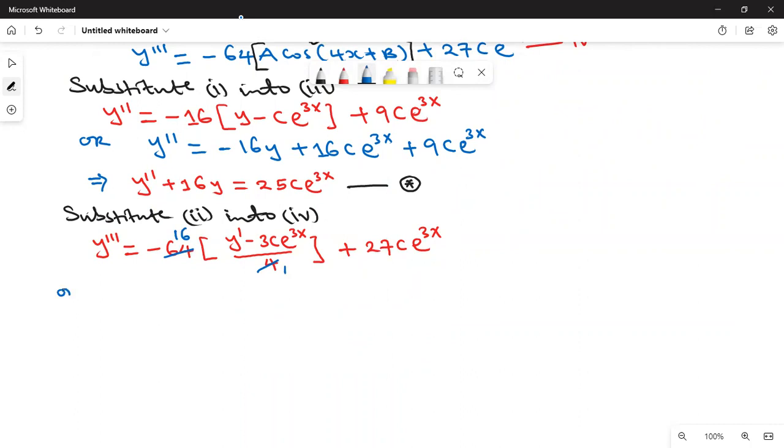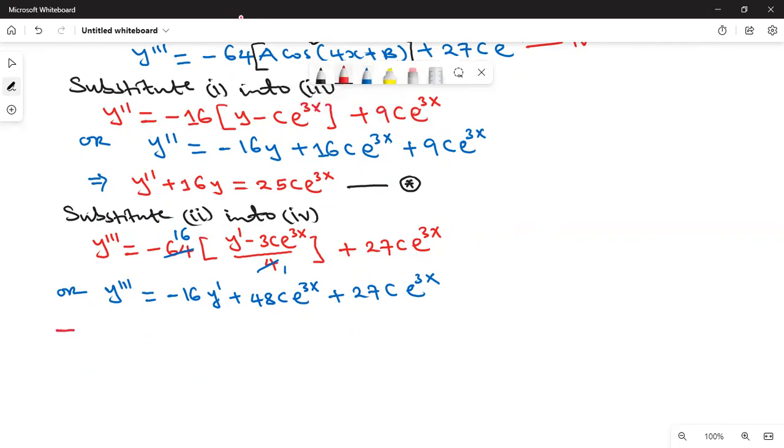So this can be written as y third prime is equal to negative 16y prime plus 48c exponential 3x plus 27c exponential 3x. And then you can combine the terms involving c.